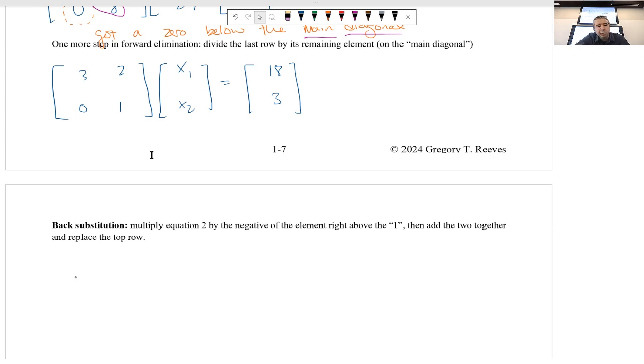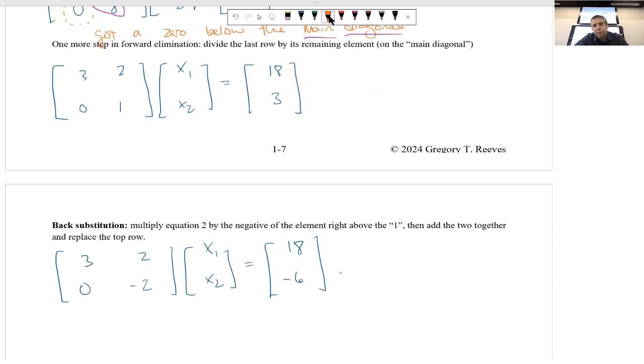Now you wouldn't normally write that down, but I'm going to do it anyway just so you can see the steps. So if I multiply my bottom row by negative 2, I have 0, negative 2 in the bottom row, and then 18, negative 6. You wouldn't normally do this, so I'm just writing this for illustration.